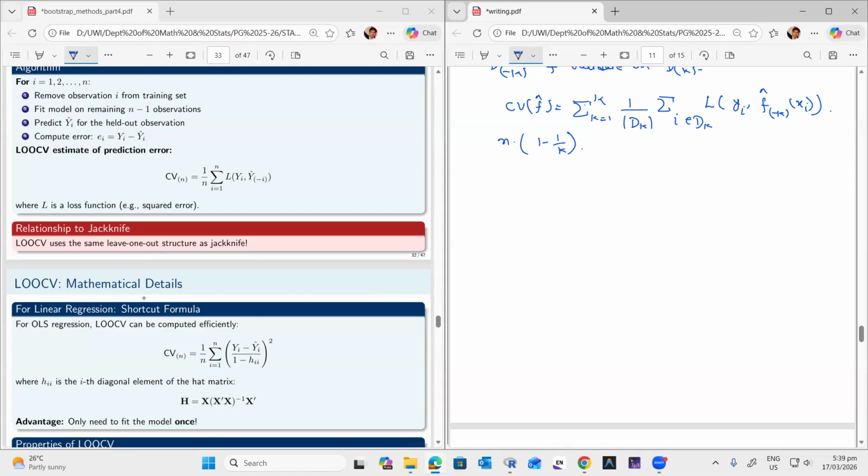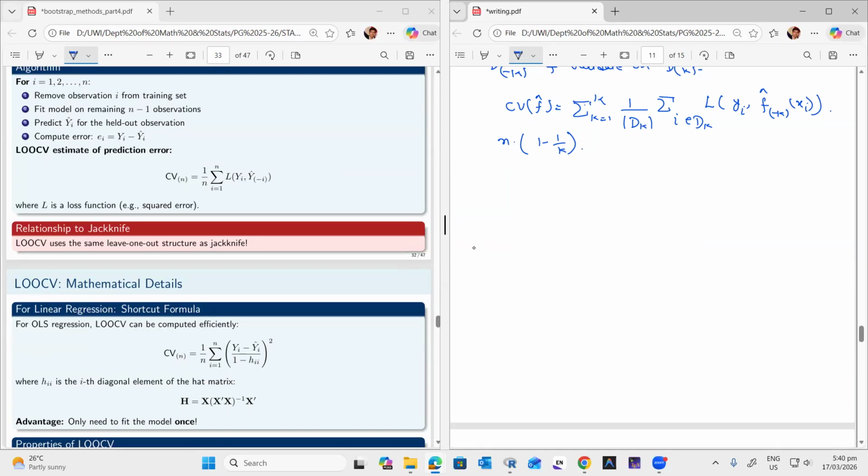So for large n, this becomes computationally intensive, but it provides a nearly unbiased estimate of the prediction error. Then the training set, for the ith iteration, consists of all the observations except the ith one. This creates n different training sets, each of size n minus 1. These training sets are highly overlapping. They differ by only one observation. This overlap has important implications for the variance of the LOOCV estimates.